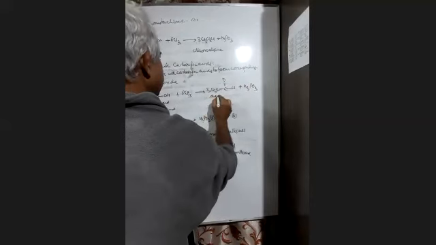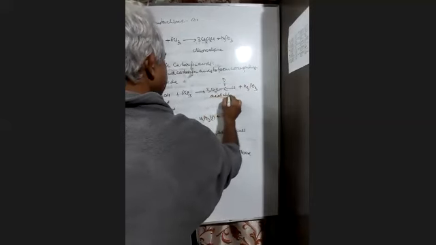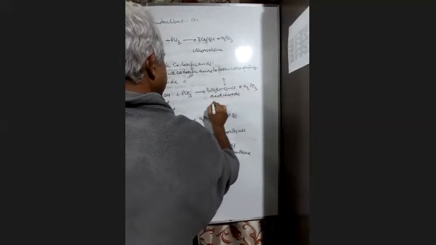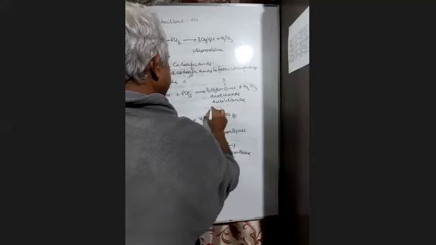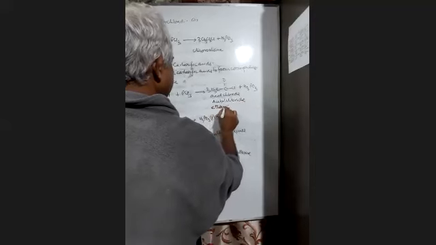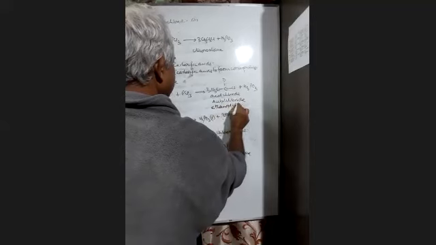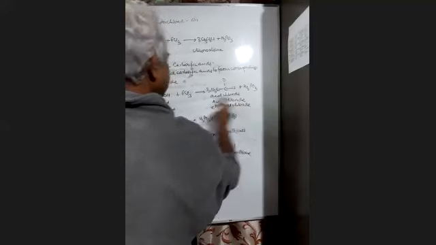This is called acid chloride. And the name of this species is acetyl chloride. IUPAC name is ethanoyl chloride. See, this is the name of the family, and this is the individual.